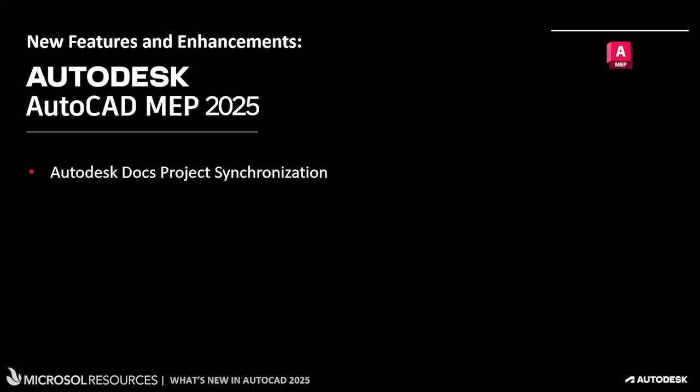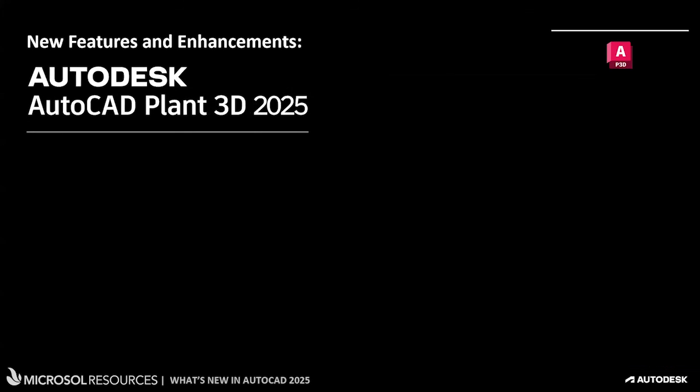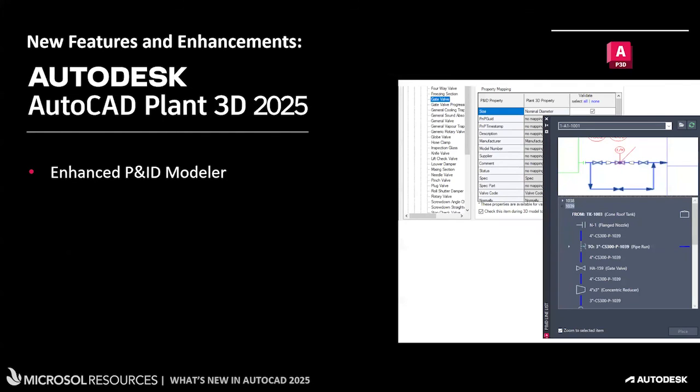Moving on to AutoCAD MEP 2025, this release includes the following. Again, Autodesk Docs project synchronization, new MEP content, and IFC workflow enhancements. And last but not least, the AutoCAD Plant 3D 2025. The 2025 release includes several new features and enhancements to existing tools.